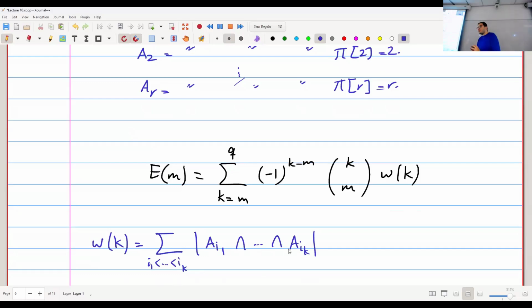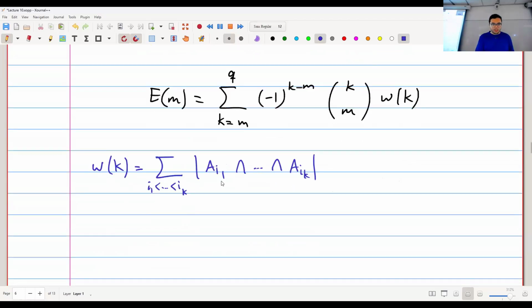That means that I want to find all the permutations where i1 is in position i1, i2 is in position i2, and so on, to ik is in position ik. So I have k people who have to go and take the seat that has the same number as them. And now I want to create the rest of the permutation.